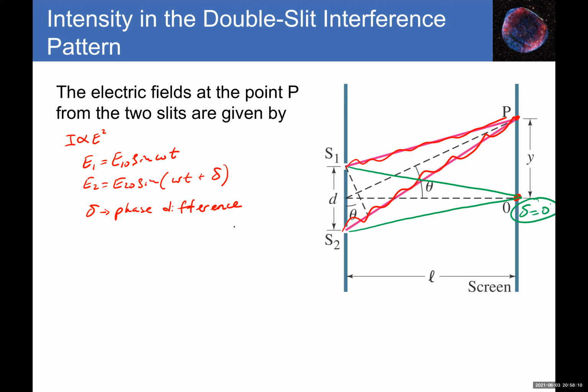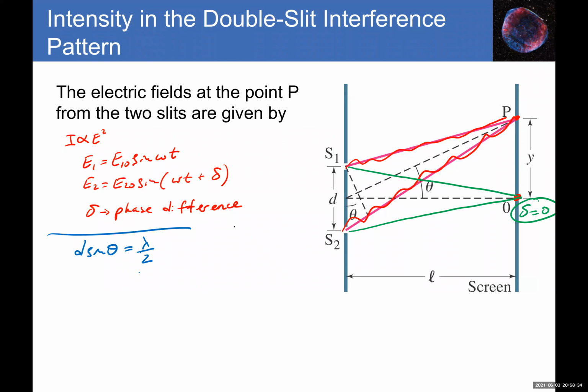Now, if the difference in path length from P to S1 and S2, at a different point P, is d sine theta equals lambda over 2, then the two waves are exactly out of phase.